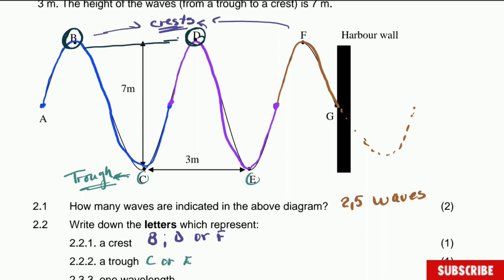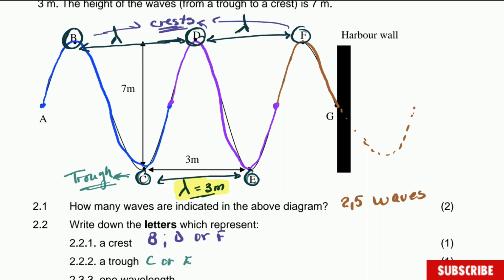That distance there is one wavelength. Remember, the symbol for wavelengths is lambda. Or D to F, this one here represents another wavelength, which is the same distance. Or could even be the distance between C and E. The distance there is also a wavelength. And now, by the way, if you look here, you can see that the wavelength is going to be equal to 3 meters. This one is for a little bit later on, but we're going to mark it there.